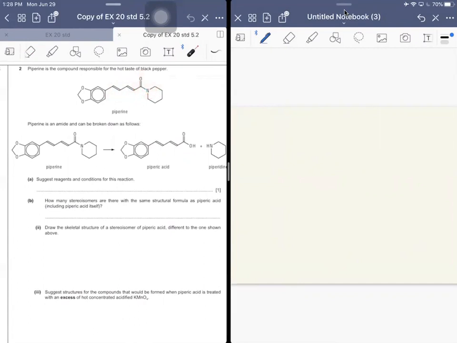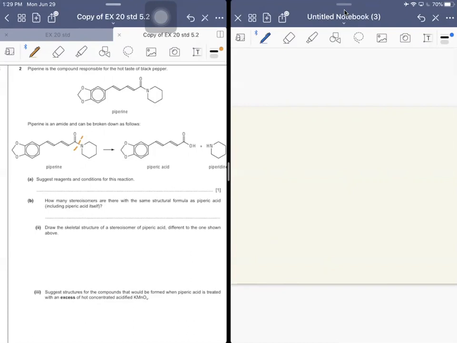During amide hydrolysis, you are breaking down the C-N bond. To start with, you hydrolyze your amide, and then you will form your 2 starting products.